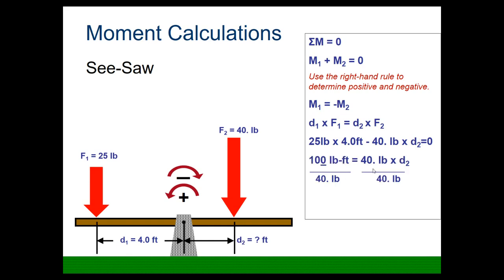And so we get 100 equals 40 times d2. We'll divide both sides by 40, and we'll find that 100 divided by 40 is 10 over 4, which is 5 over 2. And so that's 2.5. So 2.5 feet away. For us to be in equilibrium, we would want that to be 2.5 feet away. Now, again, equilibrium would be balanced, so that would mean that this would stay still at that point. We're holding it in equilibrium.